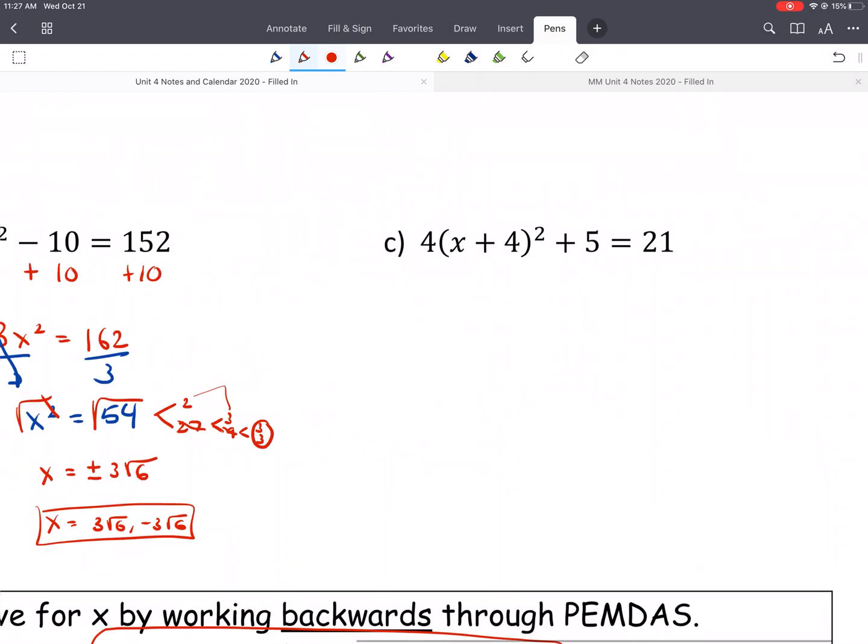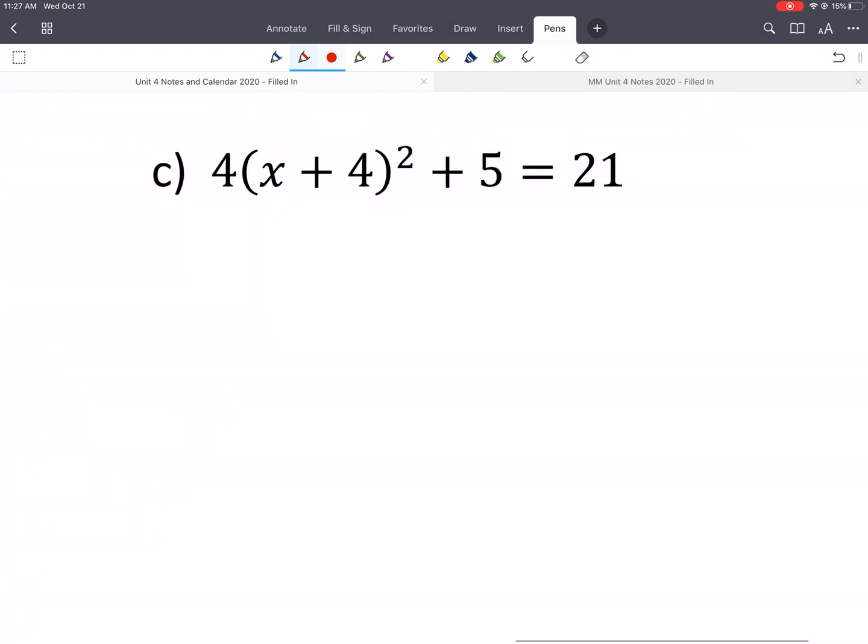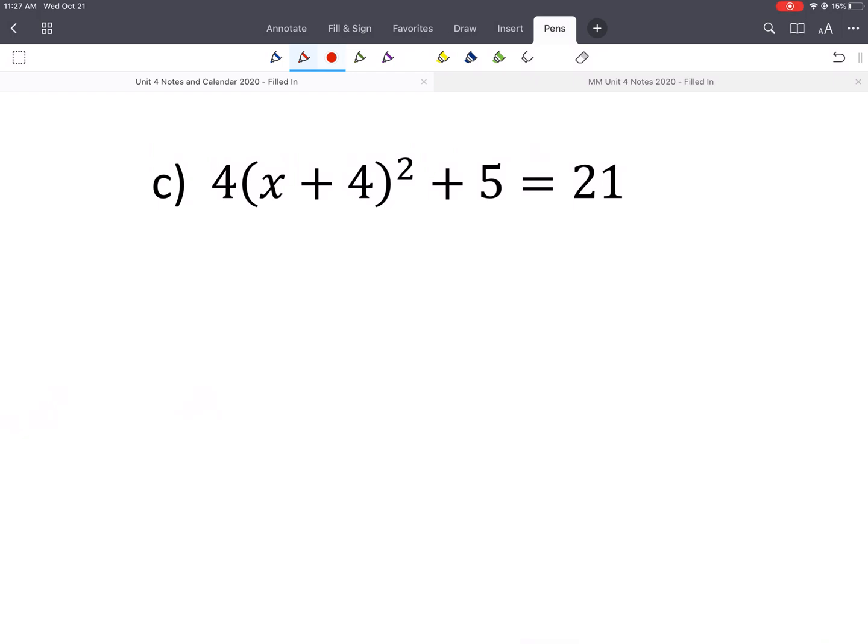All right, and last but not least, okay, so layers, take off the layers. So subtract 5. What would that give us? 16.